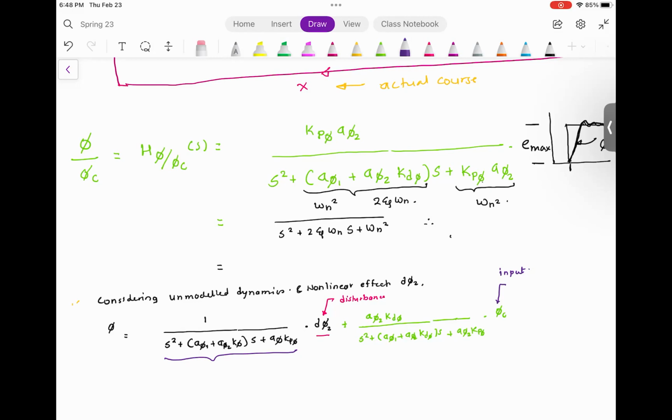That means it is going to give you a huge quantity. Even if your Ki term is small, since you are integrating this huge quantity, it's going to give you a huge control input. What that means is, even though you get some control input, because of actuator saturation and other stuff, that control input cannot be implemented in the actual control system. That is nothing but integral wind up. Everyone understood this? Remember this.